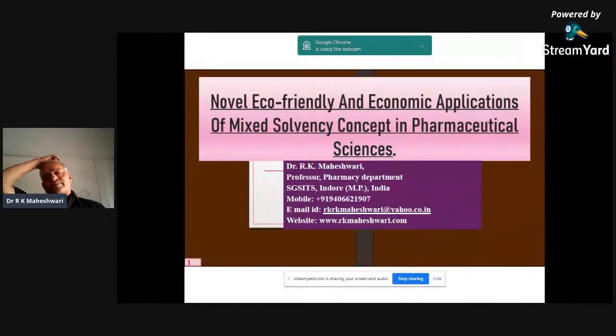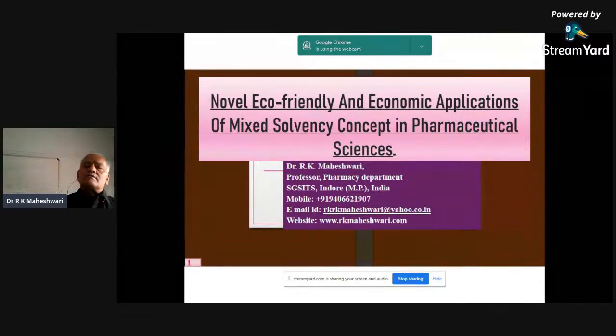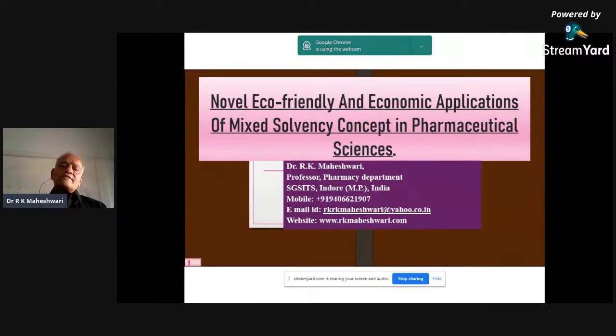For example, the solubility of salicylic acid in water at room temperature is about 0.3%. It means 100 ml of saturated solution of salicylic acid in water at room temperature contains about 0.3 gram of salicylic acid. In this way we define the term solubility.